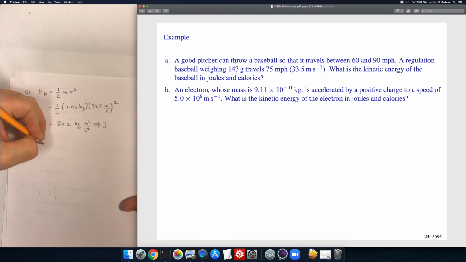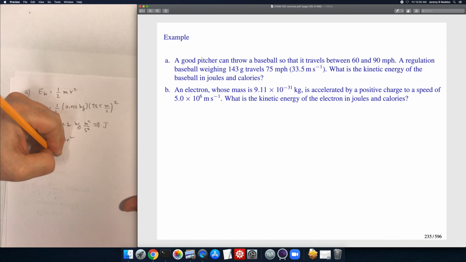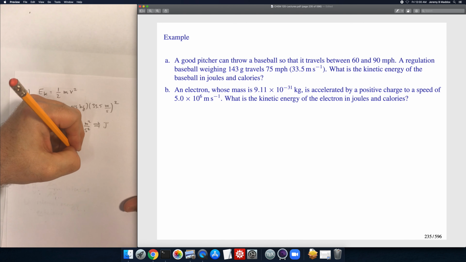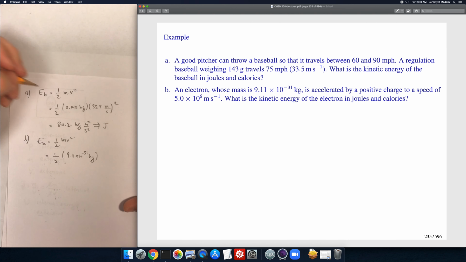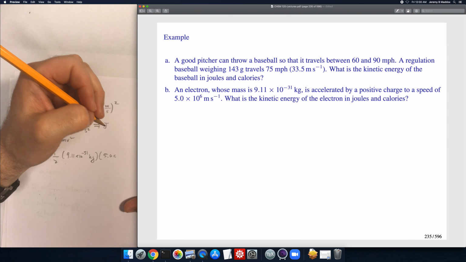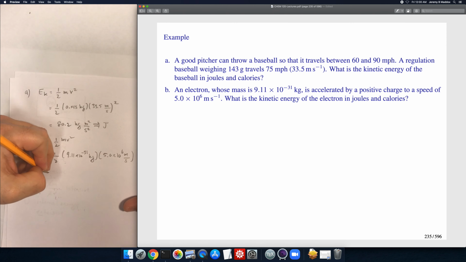So the kinetic energy of the electron, again, 1/2 mv squared, 1/2 times the mass of the electron, 9.11 times 10 to the minus 31 kilograms. And then the speed, very fast moving electron here, 5 million meters per second, which we want to square.